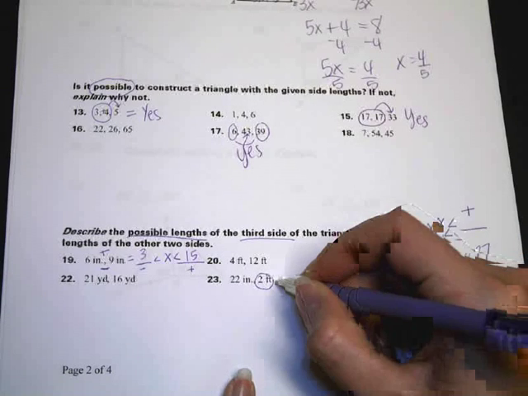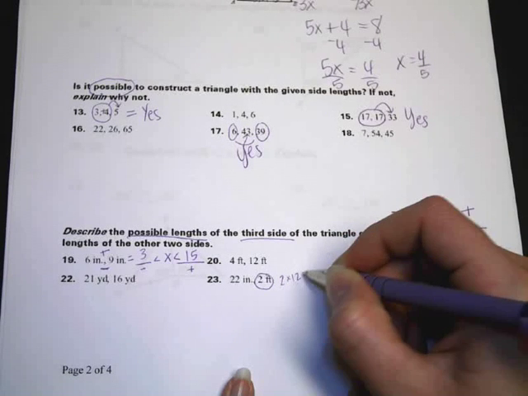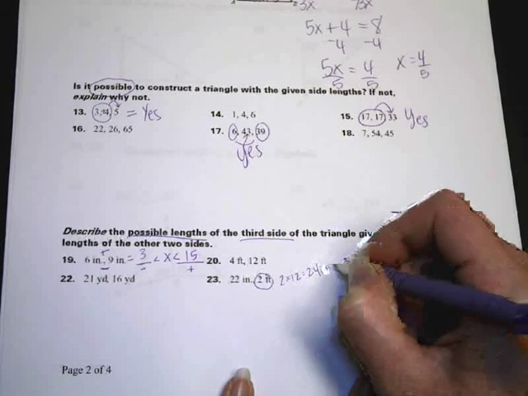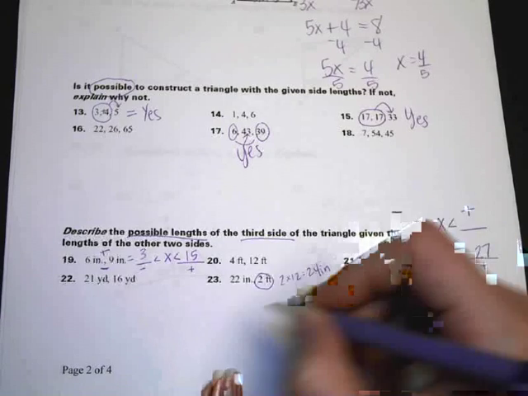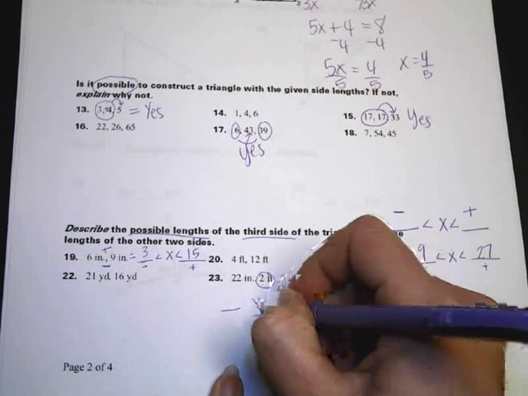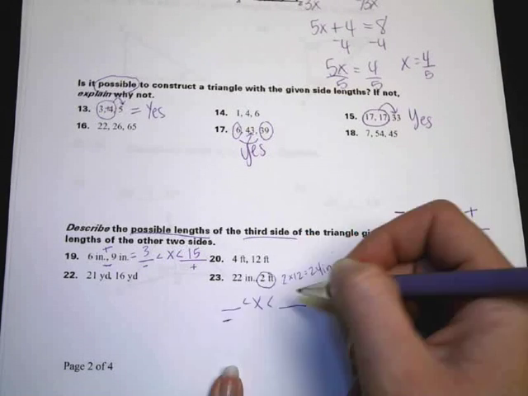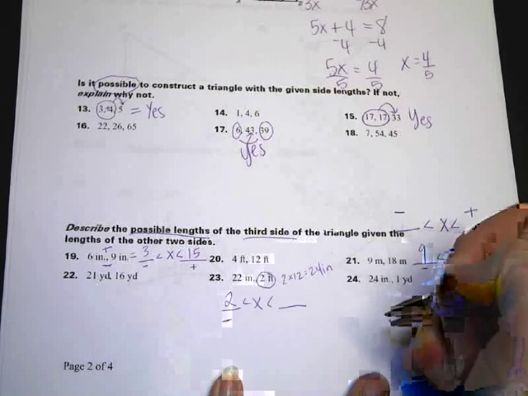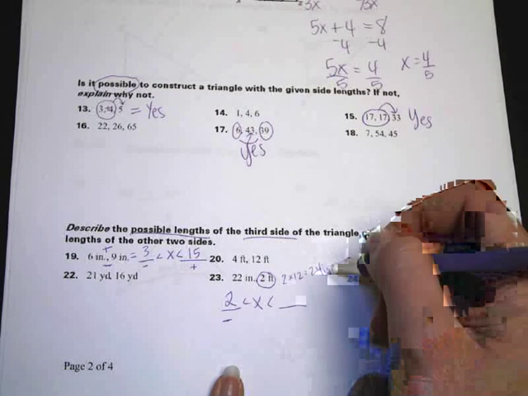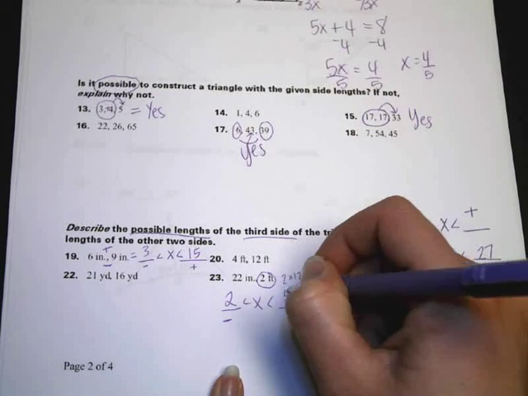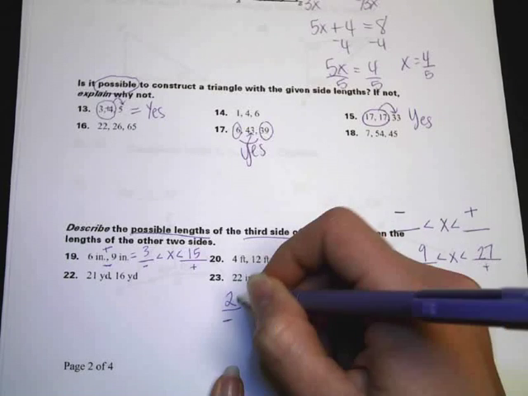So you're going to take 2 times 12 to get 24 inches. So my two sides are 22 inches and 24 inches. I'm going to subtract them to get 2. And then I'm going to add them to get 46. And those are in inches.